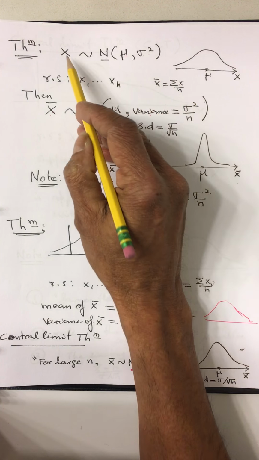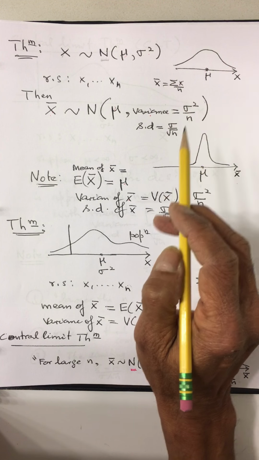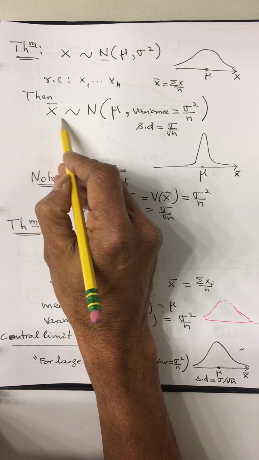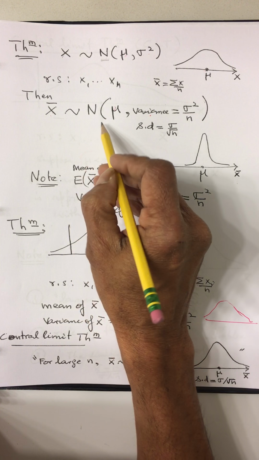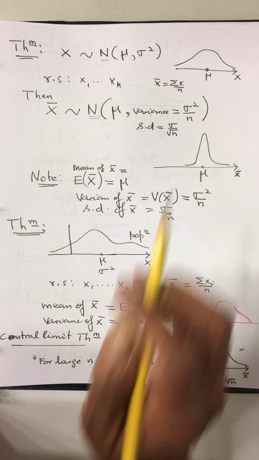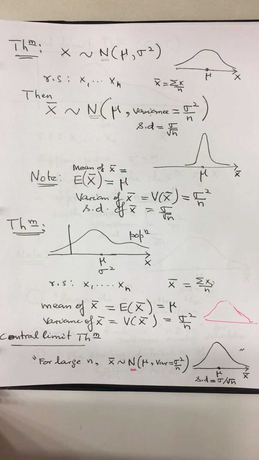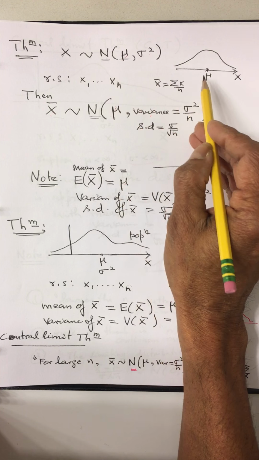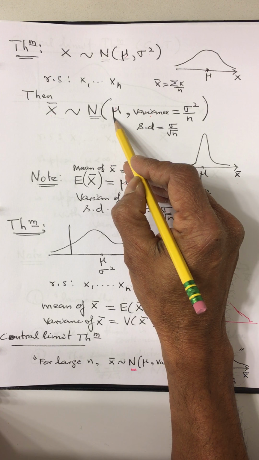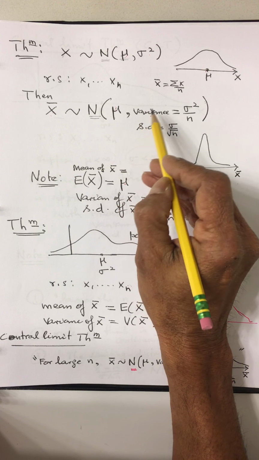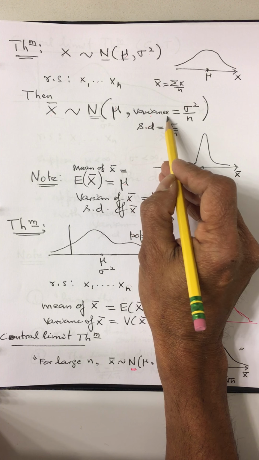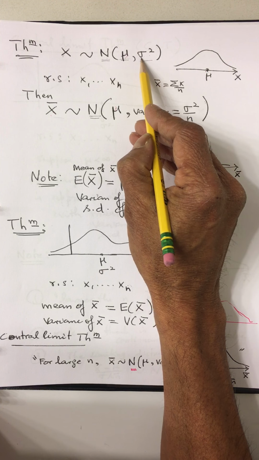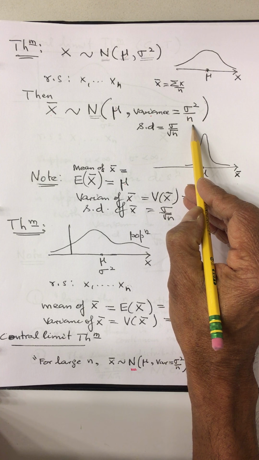So this theorem says that if X follows a normal distribution, the X bar, the sample mean, will follow another normal distribution with mean exactly the same as the original mean, mu, but the variance is going to be this variance divided by n.